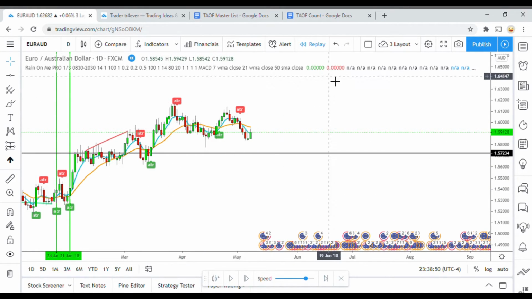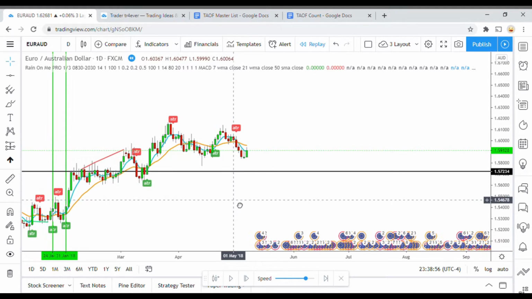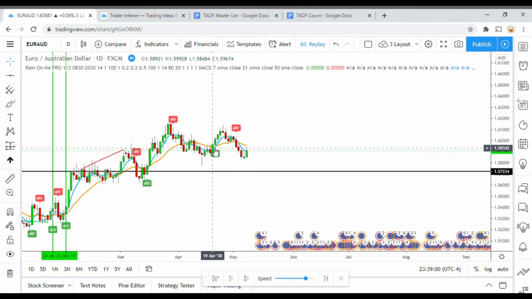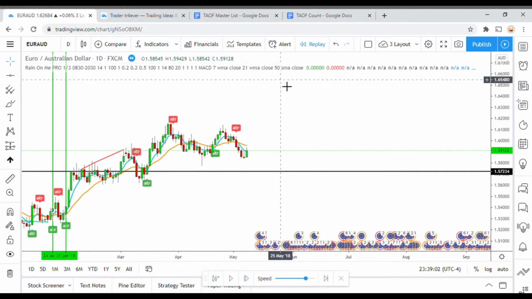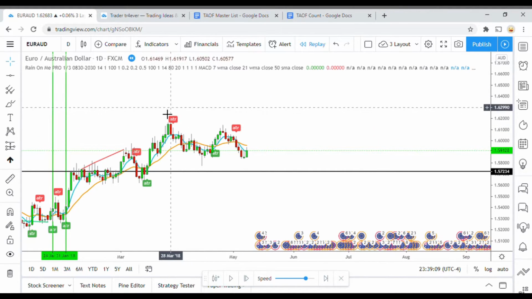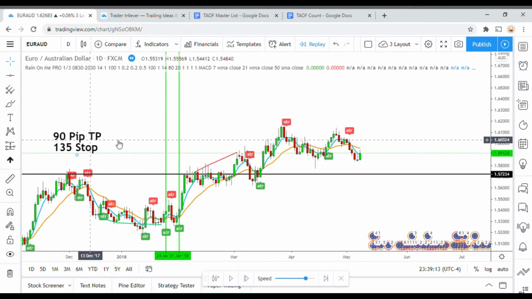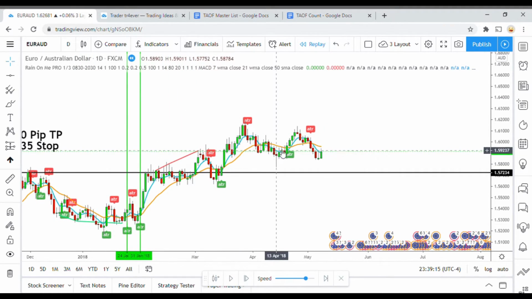They can only go so far, whereas our winning trades can run for a technically indefinite amount of time. Obviously, that's unrealistic, but our winning trades could run for hundreds of pips, and the stop is only at 135.